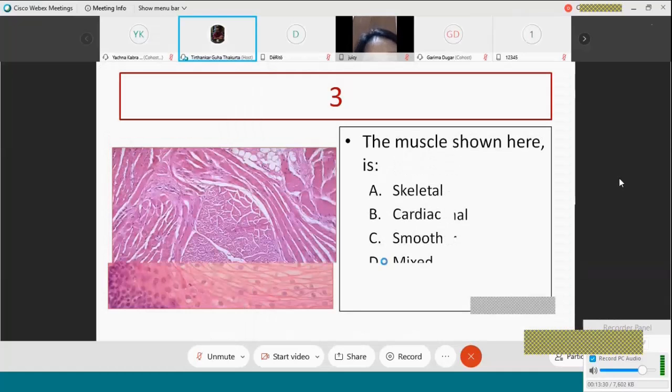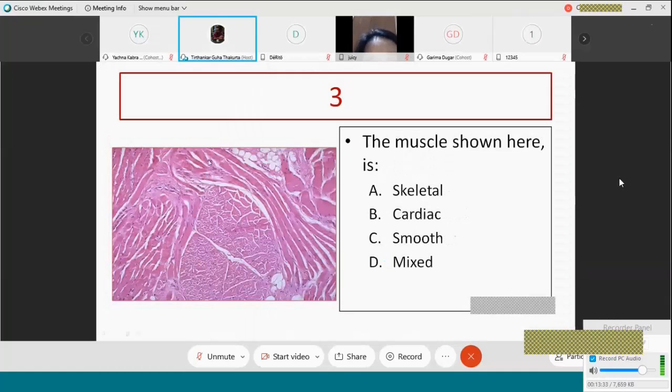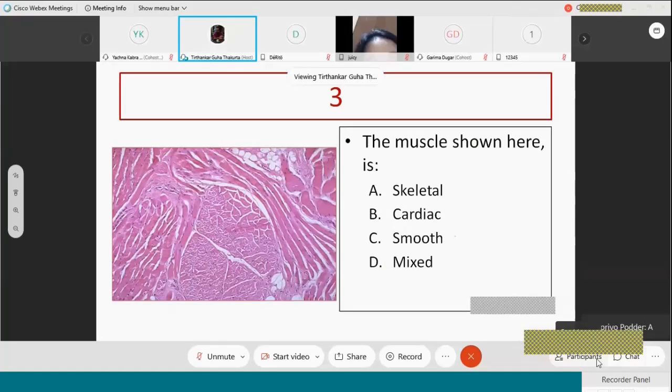You can see some muscle fibers running here in long section, also in cross section. What do you think best describes the muscle? Is it skeletal, cardiac, smooth, or a mixture of different kinds of muscle?